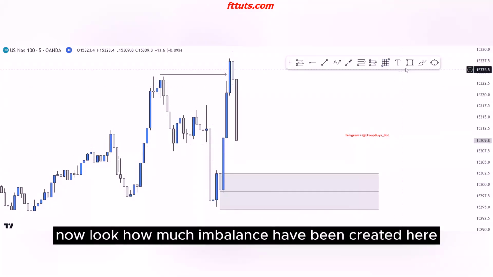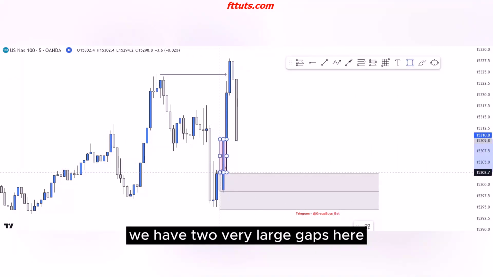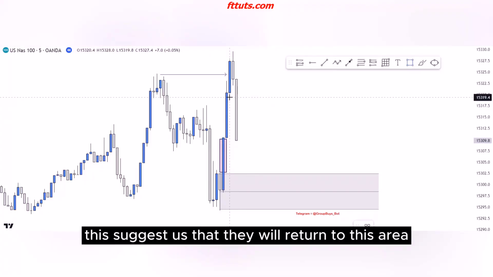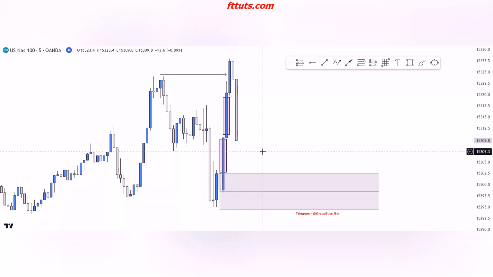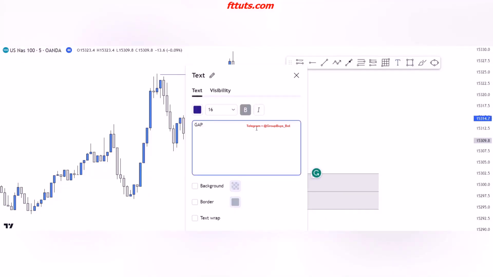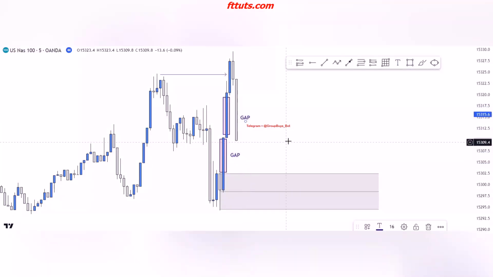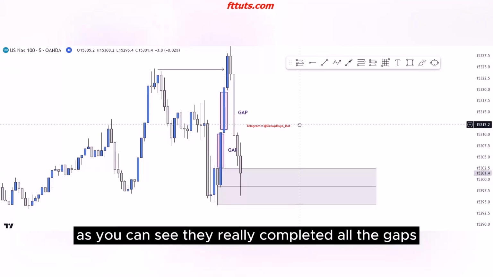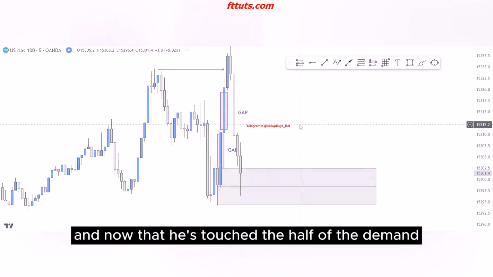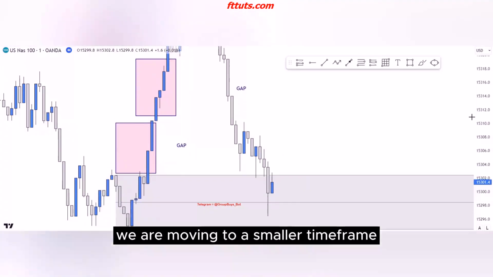Now look how much imbalance has been created here. We have 2 very large gaps here. This suggests to us that they will return to this area to complete their transactions. As you can see, they really completed all the gaps, and now that it has touched half of the demand, we are moving to a smaller time frame.